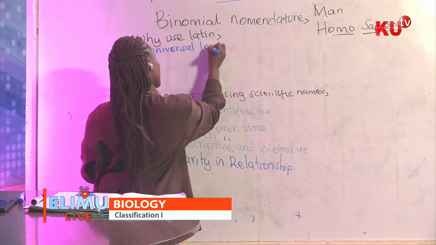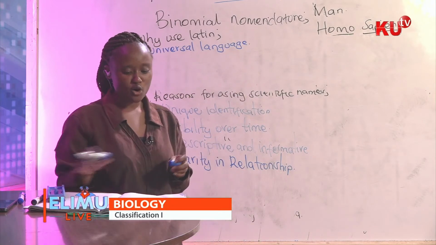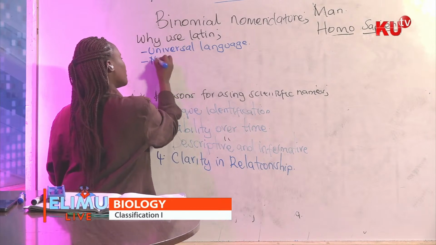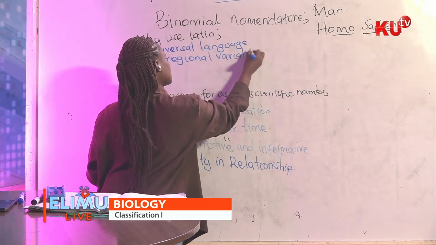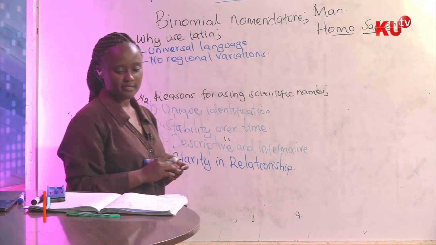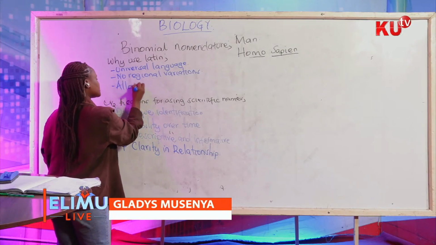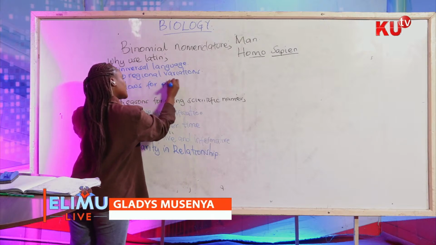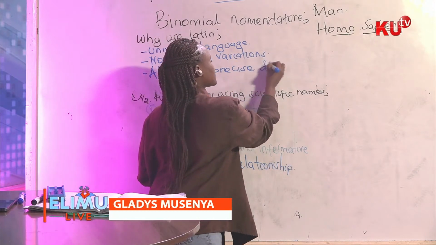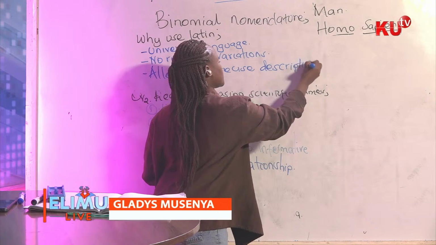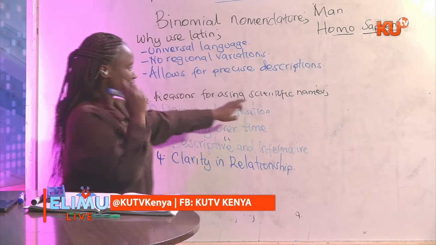Latin is a universal language. And the other one is no regional variations. And then the other one, it allows for precise descriptions. That is why we use Latin for the scientific names.